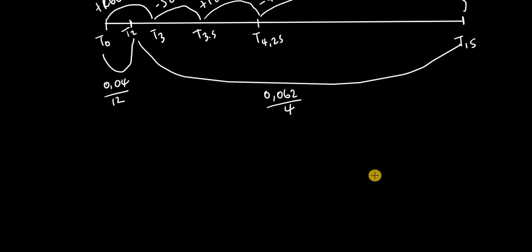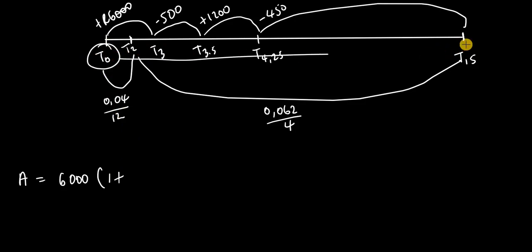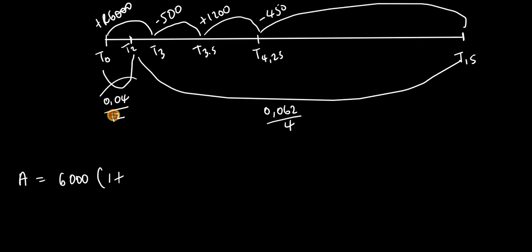Now if you've made it like this, it's just solving it in a similar way we did the last time. So you're going to have 6,000, and then you say 1 plus. Now remember, you take 6,000 as if it grew for 15 years, but the interest changed. So you start with the first 2 years and say 0.04 divided by 12. Since it was 2 years, you say 2 years multiplied by 12.